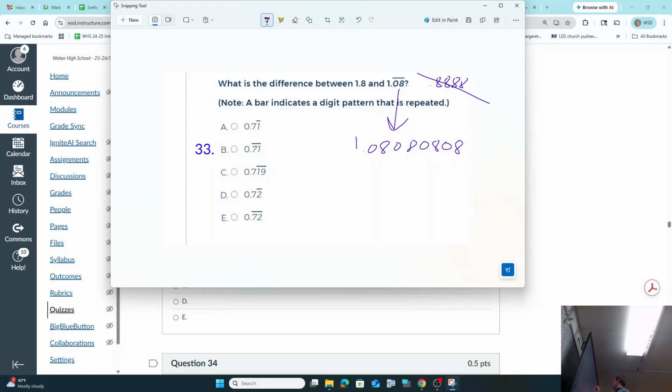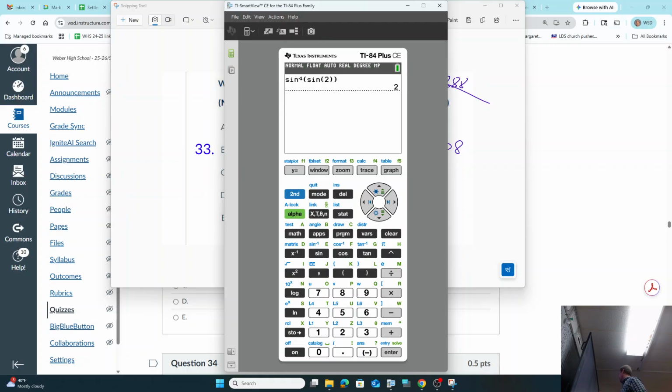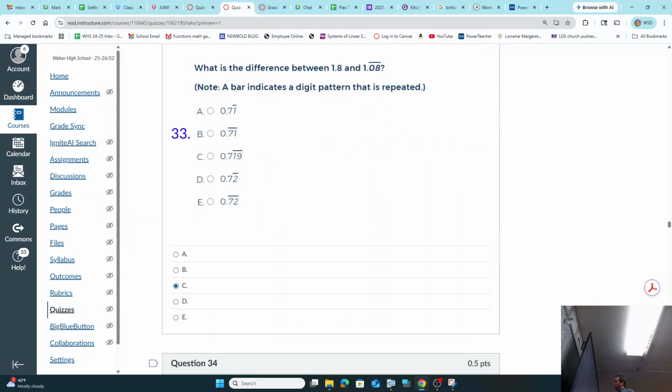So we're going to do 1.8 minus that, and you can just do that with your calculator. I just have to recognize when the bar is over both numbers, it's alternating back, that they're repeating. So we'll do 1.8 minus 1.0808 repeating. That gives us 0.7191919191. So 9191 repeating is C. So 33 is C.